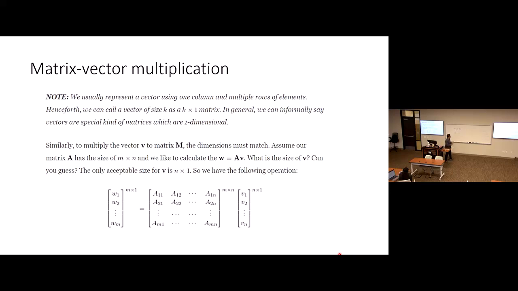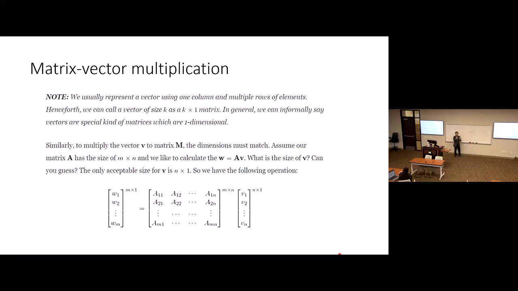Again, I hope you remember what I drew here. If I have this, the inner dimensions have to match. So if I have a 2 by 3, here it has to be 3 by 6, and I get 2 by 6.